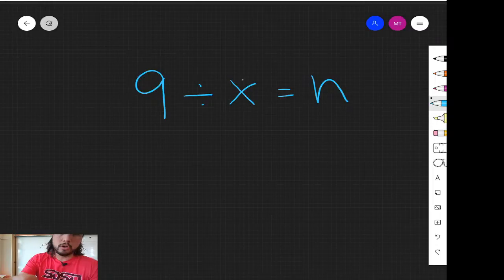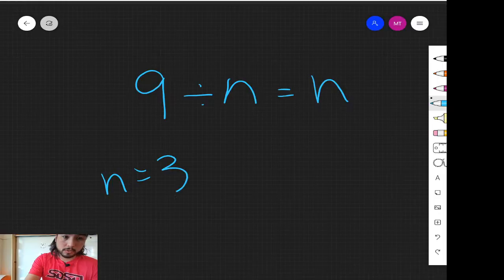And when you start working on a new unknown, all of our variables reset. n doesn't equal 9 divided by 1/4 forever and for everything. That's why it's a variable. The answer, by the way, to 9 divided by n equals n, would be n equals 3.